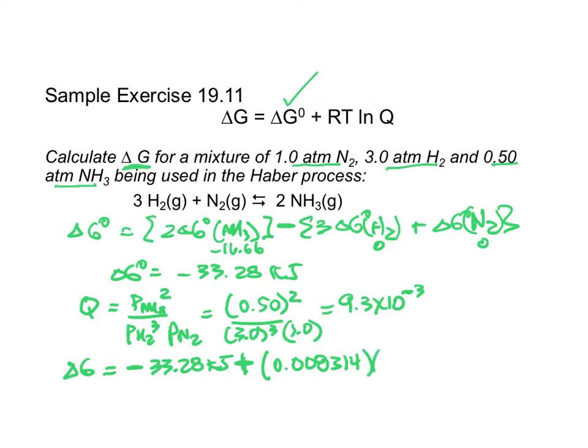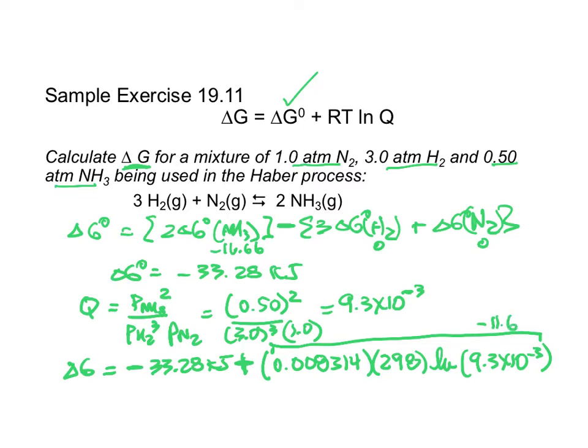I'll leave off units just so it fits nicely. Our temperature has to be in terms of Kelvin, 298. And then we have the ln of 9.3 times 10 to the minus 3. This correction factor turns out to mathematically have a value of negative 11.6.